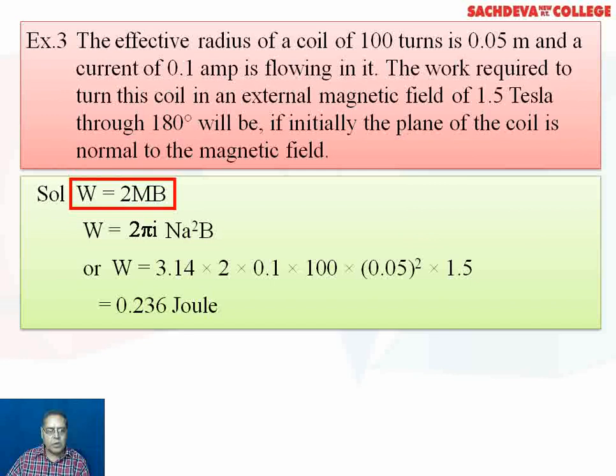Work done is 2MB, where M is magnetic moment, B is magnetic induction or magnetic field strength. Compute the value: 2 remains as it is, M is taken as N I pi a square, and B as it is. By computing the values, the result comes to be approximately 0.236 joules.